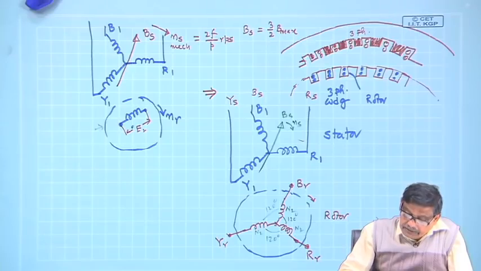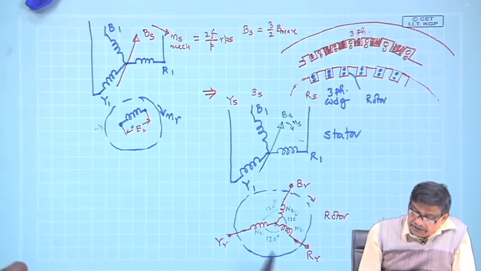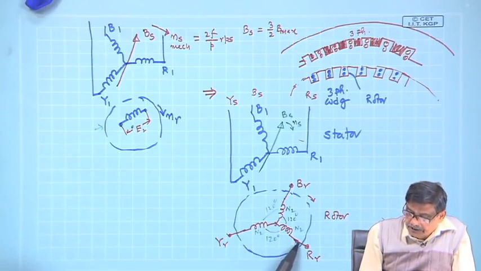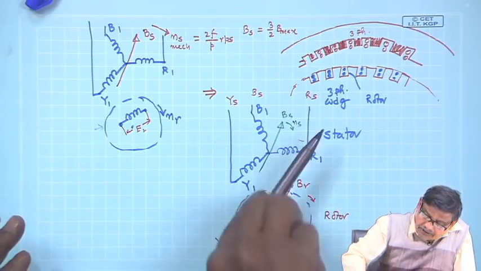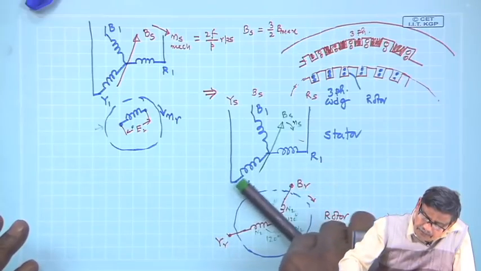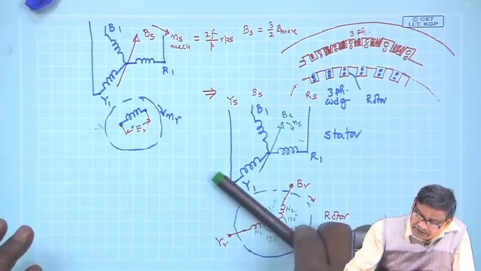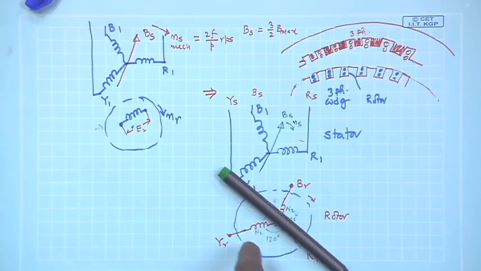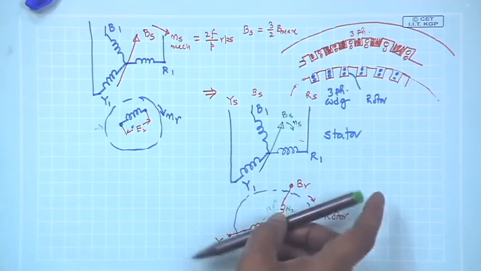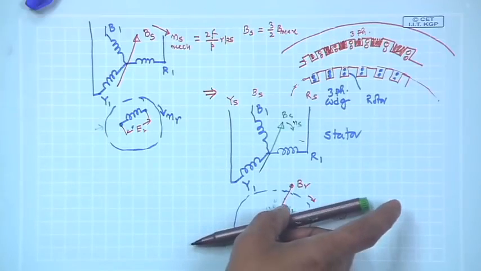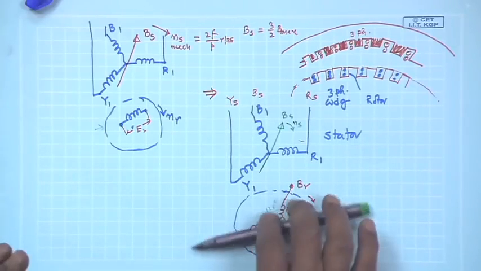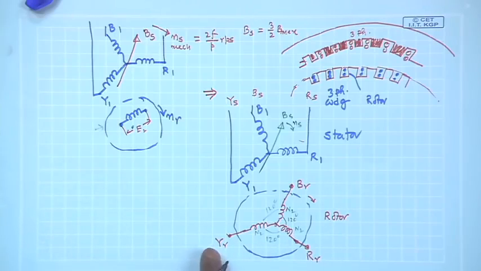Why should it change? The only thing that will change is that whatever is happening now to the R phase coil is going to happen to the Y phase after 120 degrees, because maximum flux linkage occurs with the R phase when the field is here, and that maximum flux linkage will occur for the B phase when this Bs, as I am showing, will be here. So, the induced voltage in the Y phase will be lagging by 120 degrees.